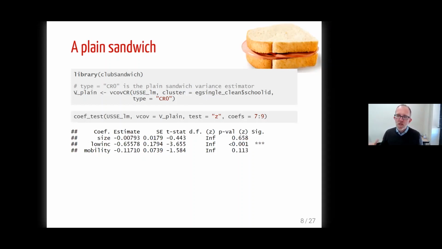Usually you wouldn't use the variance covariance matrix directly. You might use it to construct hypothesis tests or confidence intervals for the regression coefficients. There's another function in clubSandwich called coef_test that gives you hypothesis tests for each coefficient. So coef_test takes the linear regression model as the first argument, and then you can feed in the variance covariance matrix, so the clustered variance covariance matrix, and there are some further options for the type of test that you want to run.